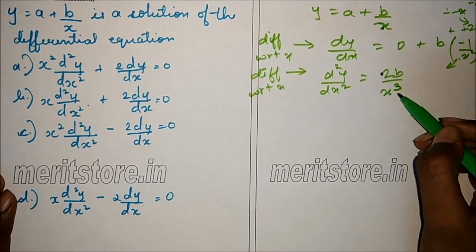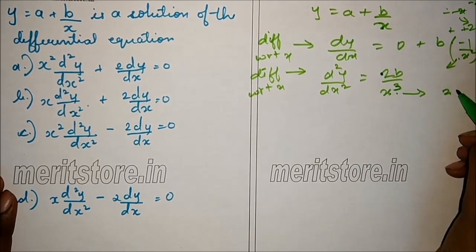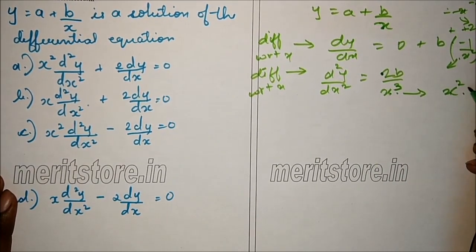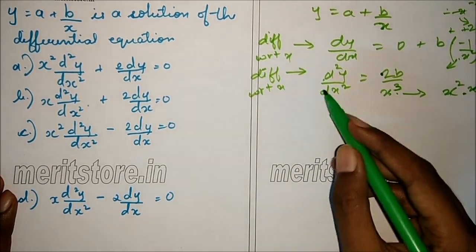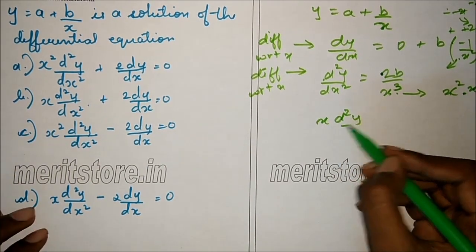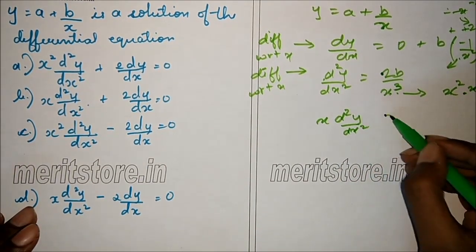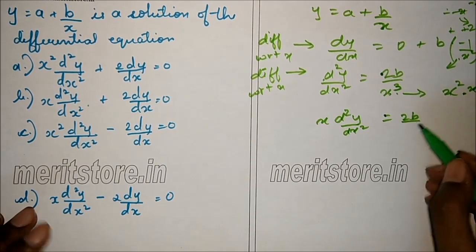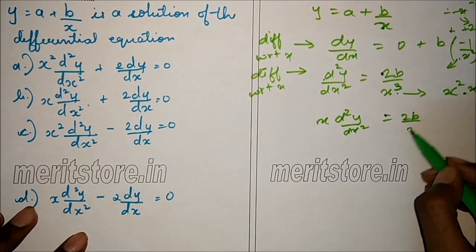Now we split this into x square and x and shift this term to d2y by dx square. So this will be x into d2y by dx square, and this will be equal to 2b by x square.